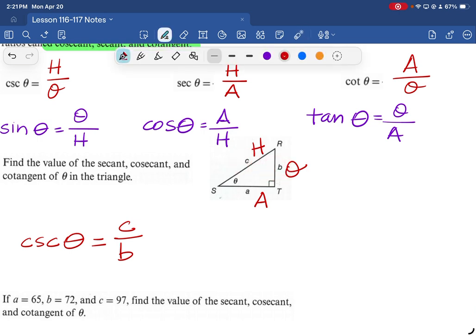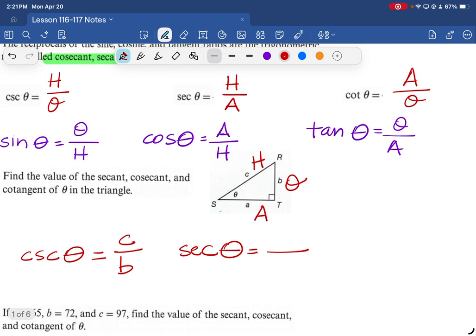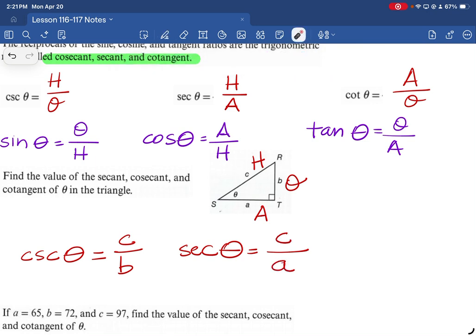Now let's move on to secant theta. Harper, what over what? C over A, and she's correct. Because we know secant theta is H over A, we're going to look for the H over the A, which is C over A.